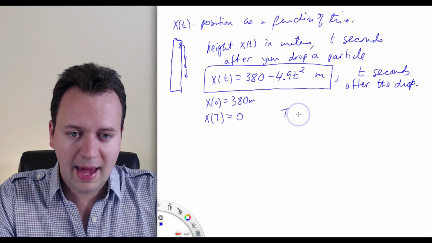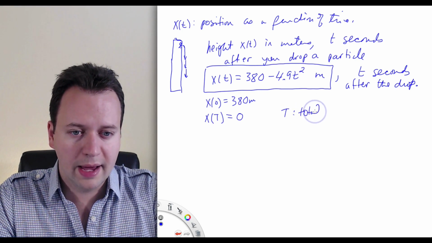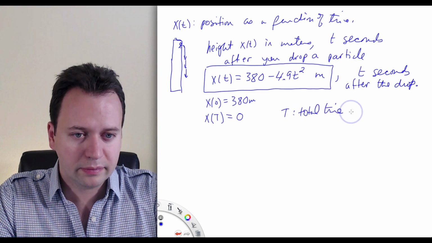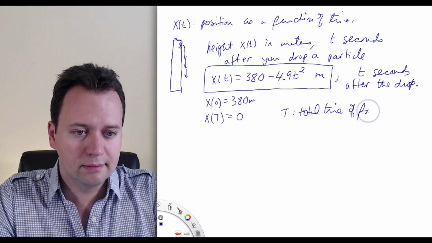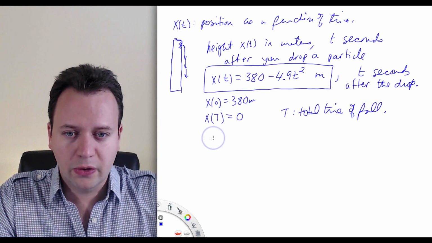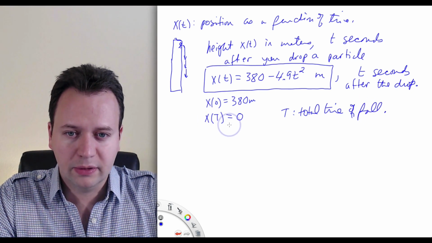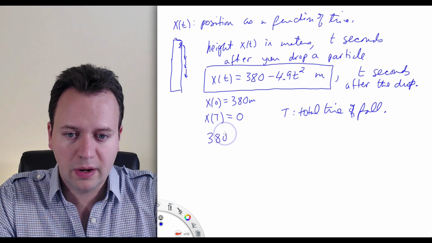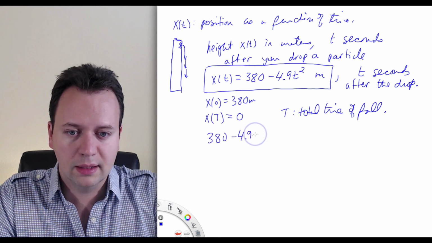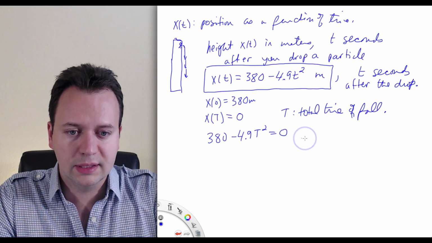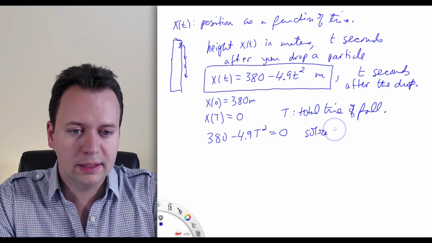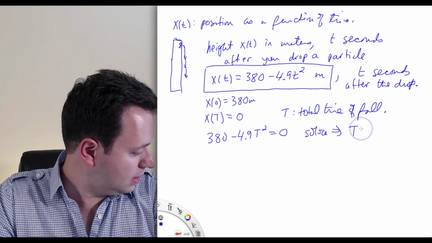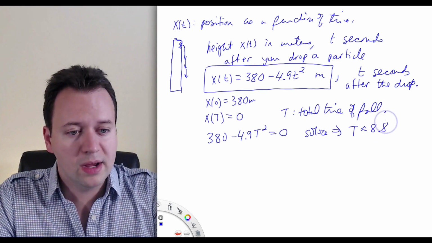So here, capital T is the total time of the fall. So we have 380 minus 4.9 capital T squared is equal to 0. You can solve this, and you see that capital T is approximately 8.8 seconds.